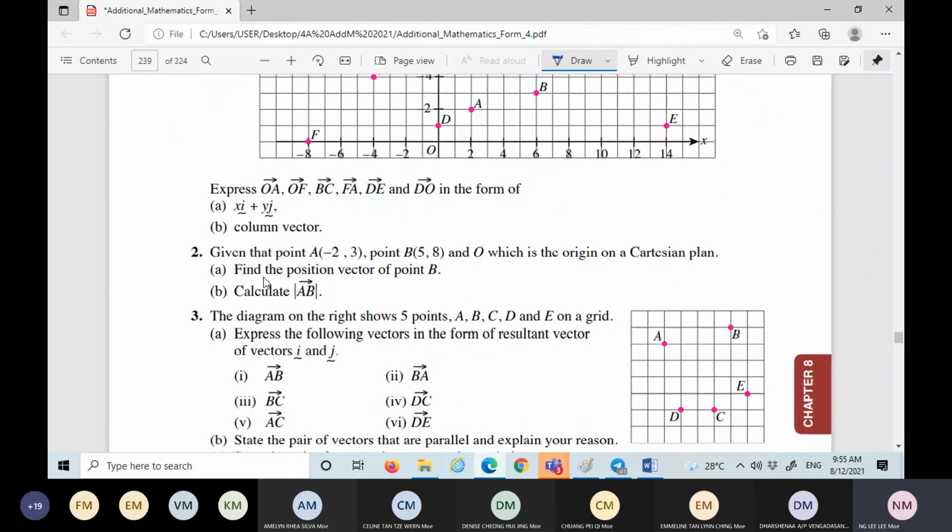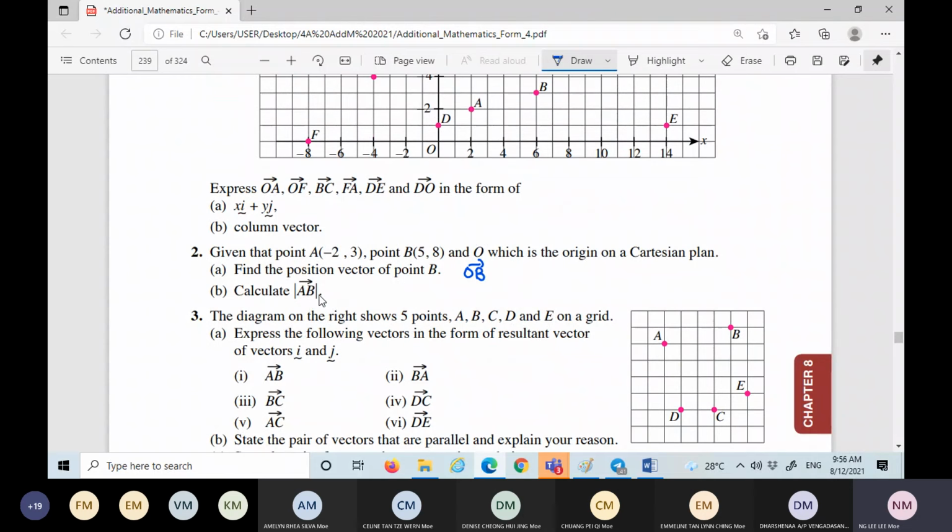When the question says find the position vector of a point B, still remember just now, position vector means the question wants you to find OB. So OB as what? You see the coordinate is given, so it's very simple. The answer is 5i and then 8j. But you must write out this is OB. Position vector means OB. This is to help for the next part.